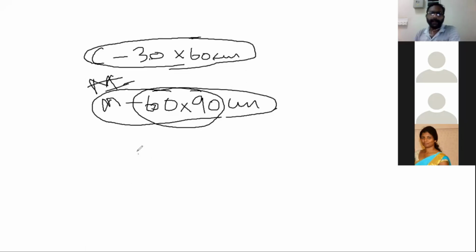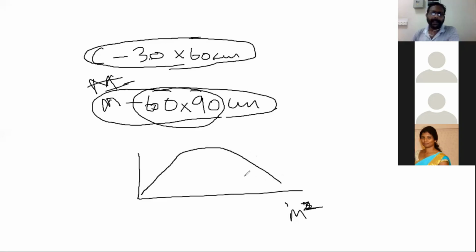For example, if you start with the spacing, rather than calling it as spacing, space means the area, square meter. Sorry, it's meter squared. If you start with square meter, you will get a kind of graph like this.